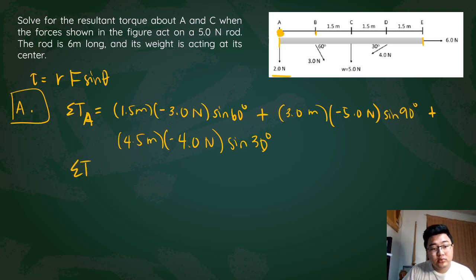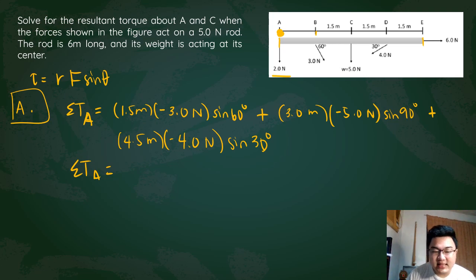For the total torque for point A, you just need to input this in your calculator: 1.5 times negative 3 sine 60, plus 3 times negative 5 sine 90, plus 4.5 times negative 4 times sine 30.